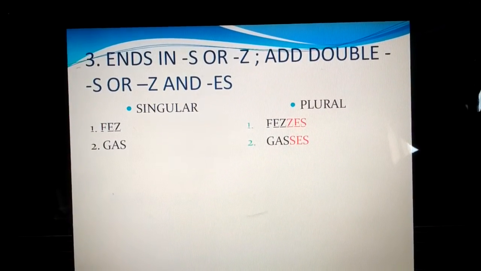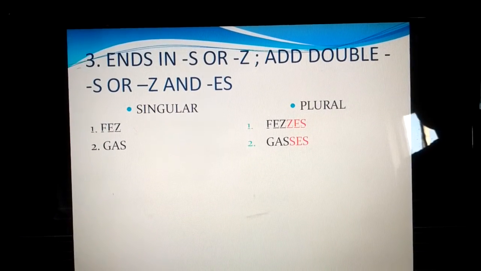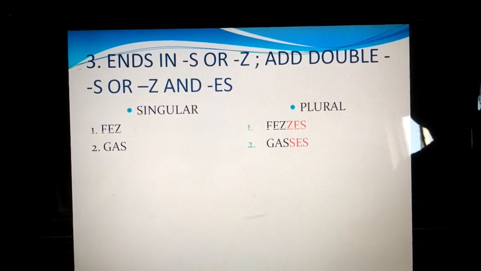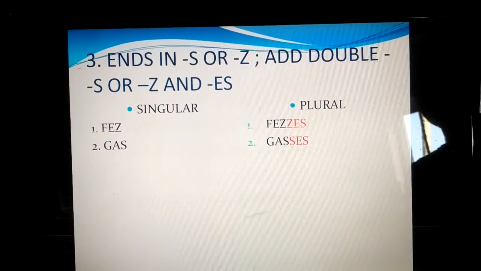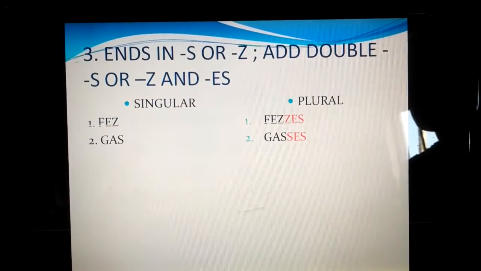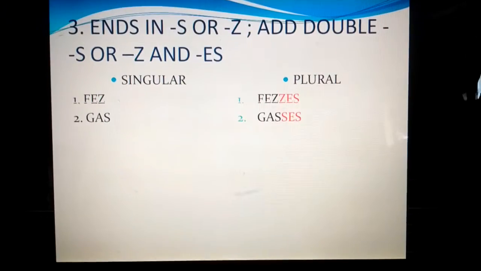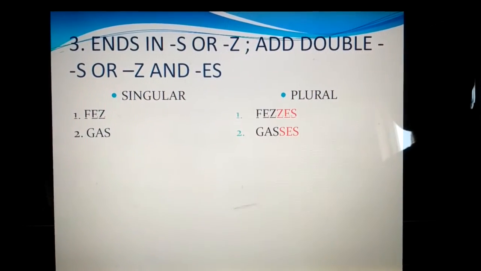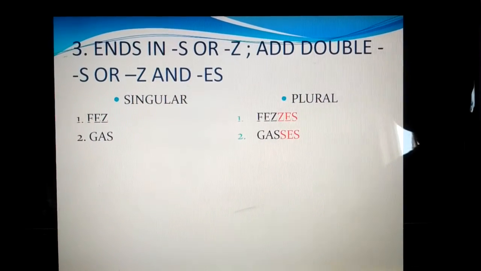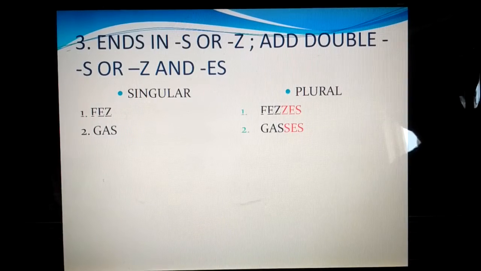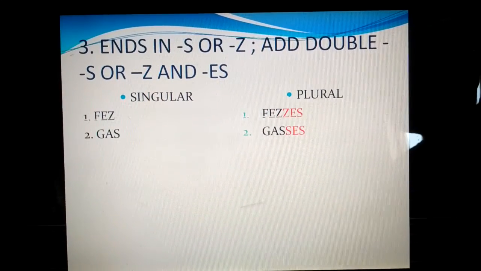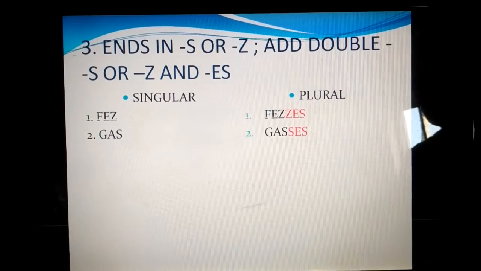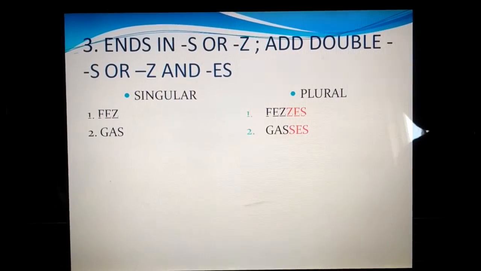It ends in s, and when we change it into plural, it will be double s and also es, gases. And similarly, phase, and in plural form it will be phases.